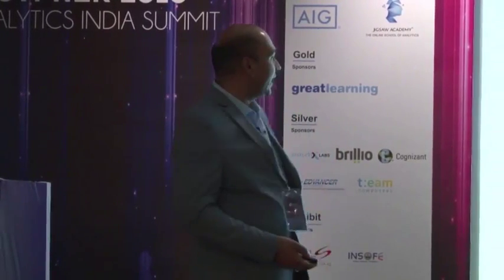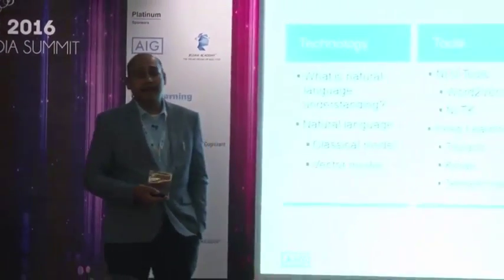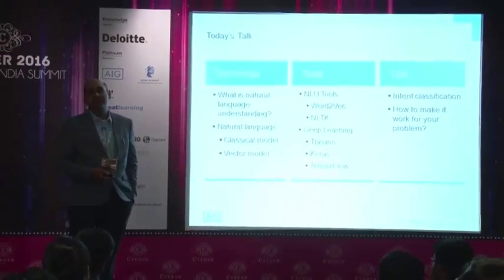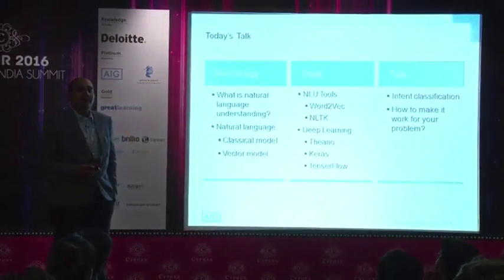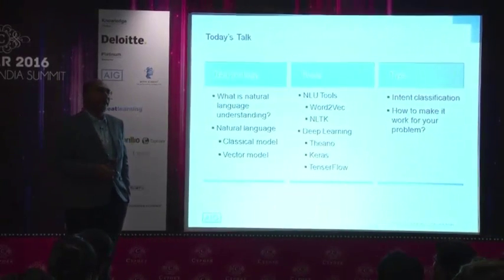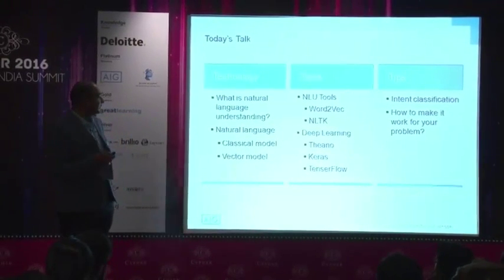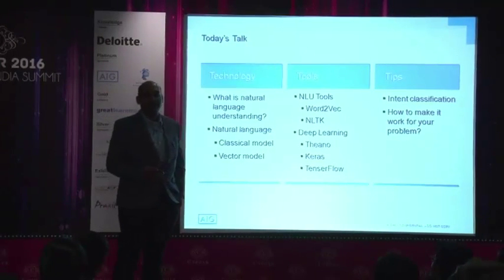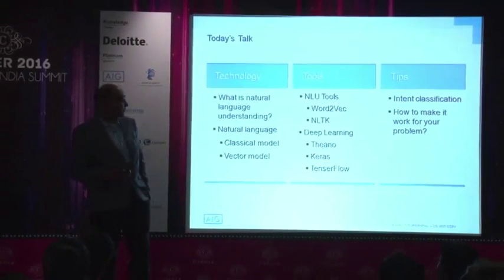So, we will start with what is natural language understanding. We'll look at the old classical model versus the new vectorized models, and then touch on the NL tools: the word-to-vec models, which are newer generation deep models, and then the granddaddy of natural language tools, which is NLTK, the Natural Language Toolkit.